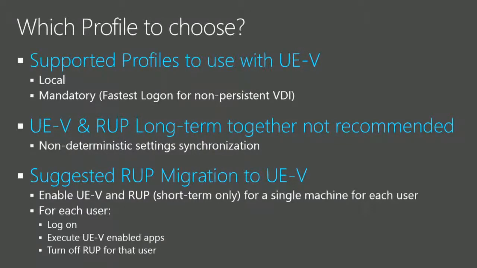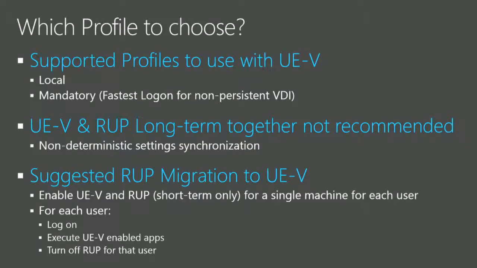So if you're planning on migrating away from roaming user profile to UEV, enable it short term and then migrate off that until you've created enough templates and settings for all your applications.